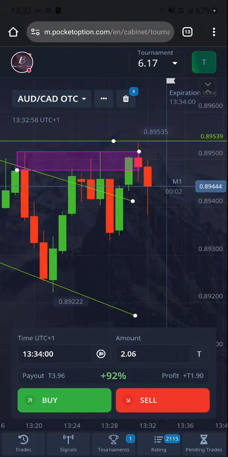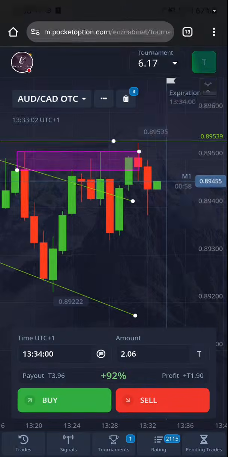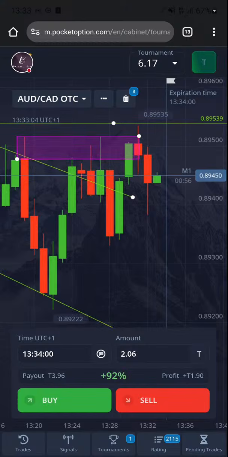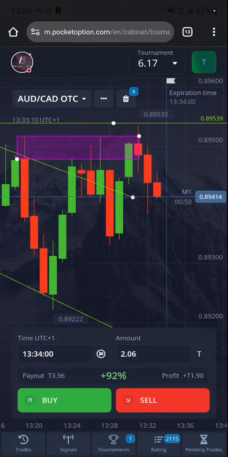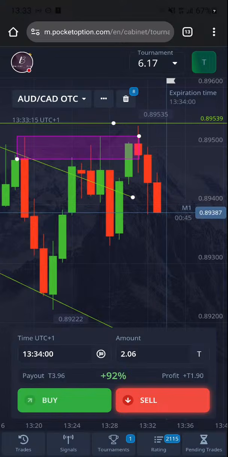If you are correct and the market goes in your direction, then you make a profit. For example, if you enter a trade with $100 and your payout is 92%, just like this market right now, once you win that trade, you'll be paid back the $100 plus 92% of it.